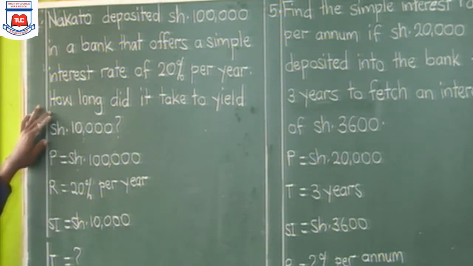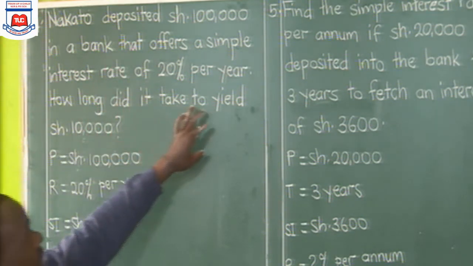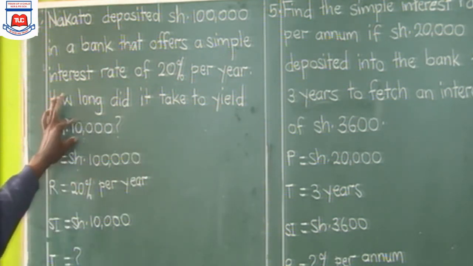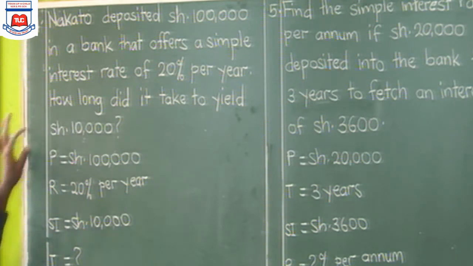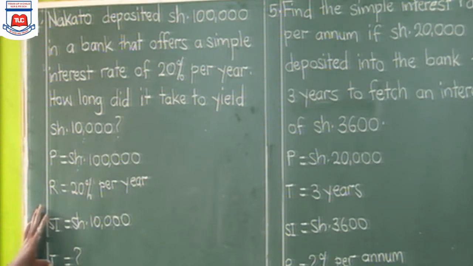The question is, how long did it take to yield 10,000 shillings? Here we are learning how to find the time given principal, rate and simple interest.